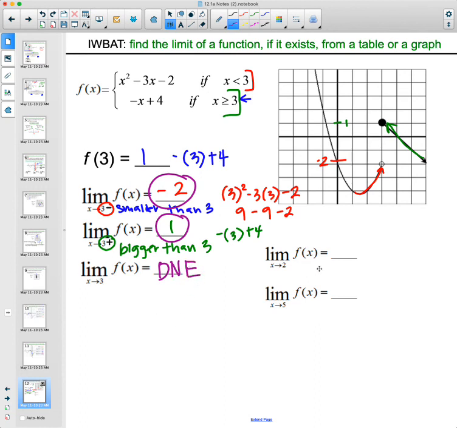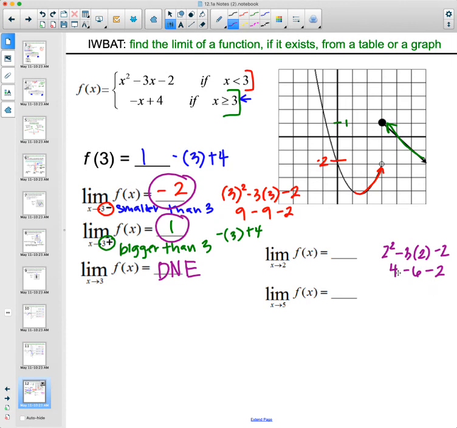Then let's look at the limit as x approaches 2 here. Okay, so 2 is less than 3, so we can plug it into this top part. So we do 2 squared and then -3 times 2 minus 2. So we get 4 minus 6 minus 2.